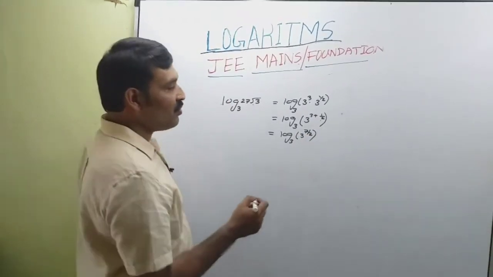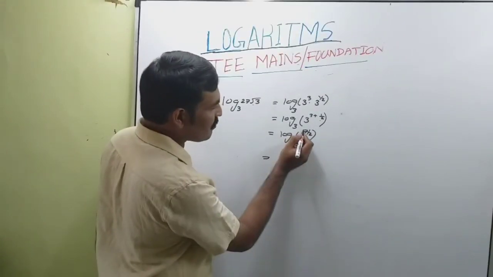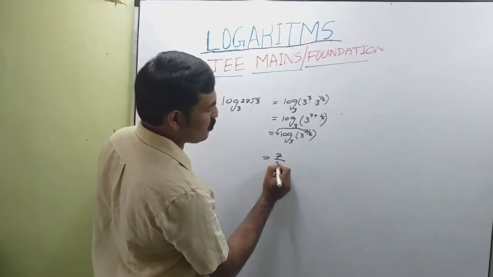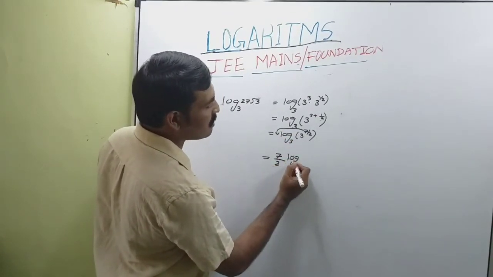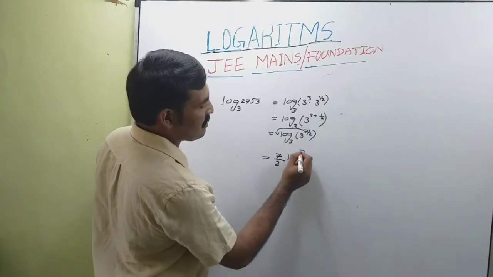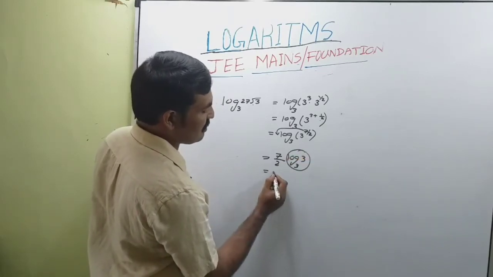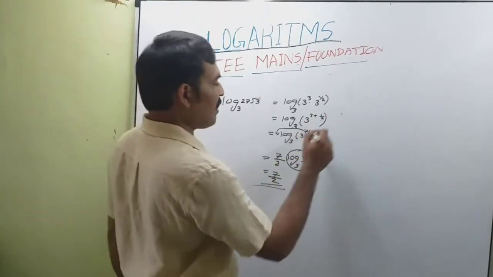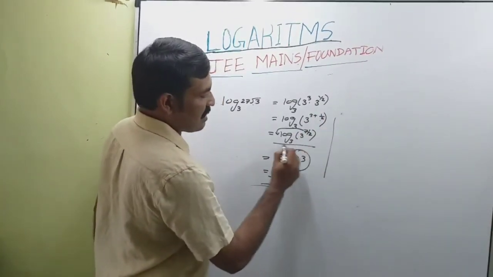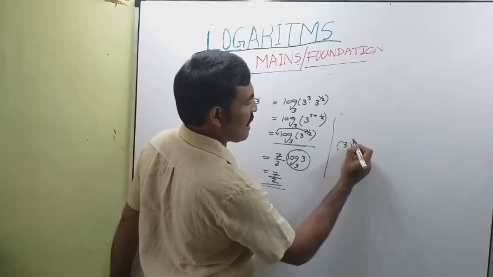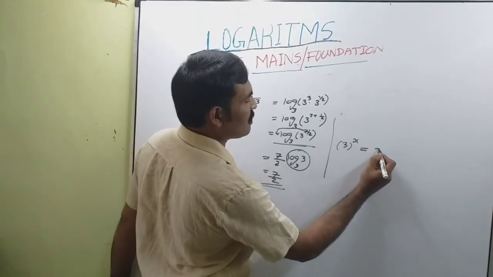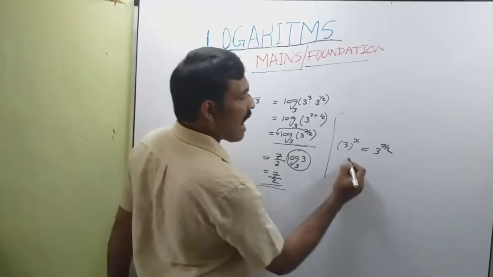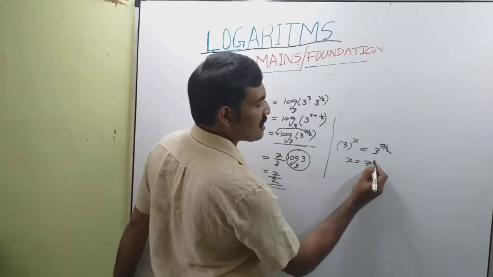Now this 7 by 2 will jump here. That means 7 by 2 into log 3 to the base 3. The value of this is equal to 1, so the answer is 7 by 2. Or we can write this as 3 raised to x is equal to 3 raised to 7 by 2. Now comparing the power, x is equal to 7 by 2.